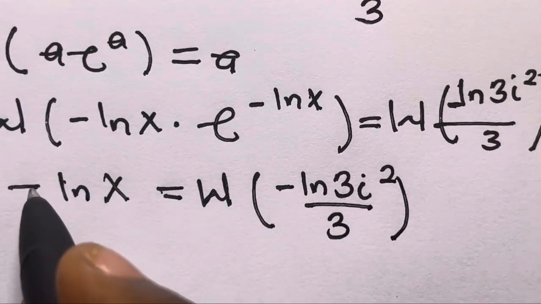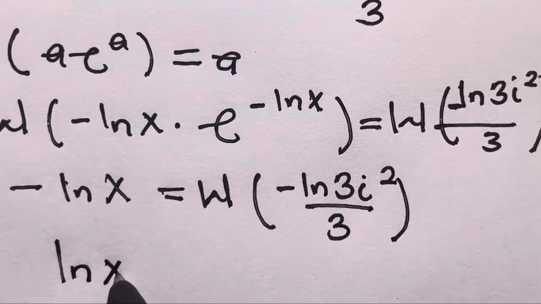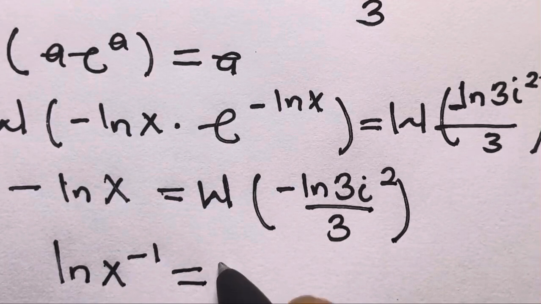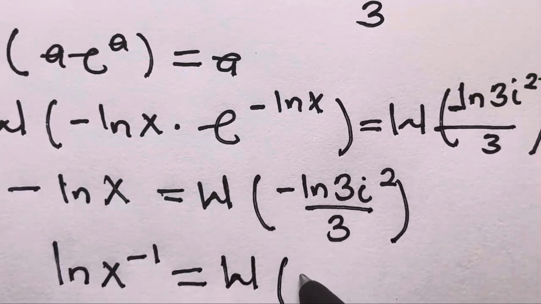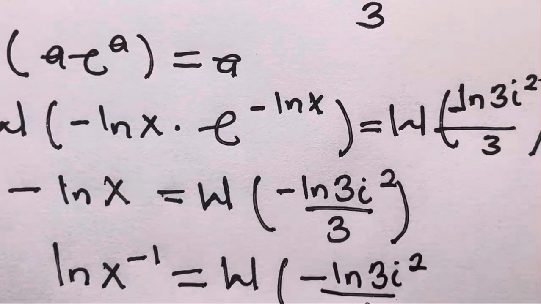Right, so let's take this minus back to its power. So we have ln x raised to the power minus 1 equals the Lambert function of minus ln 3i squared divided by 3.